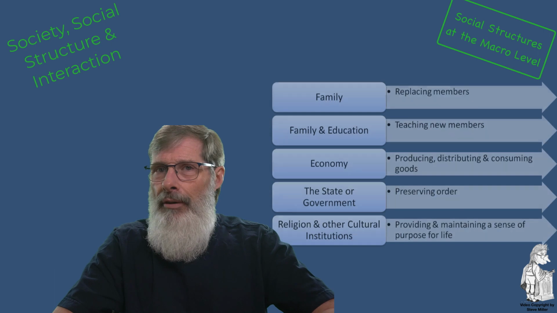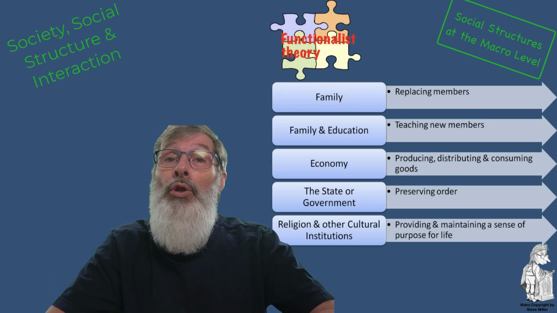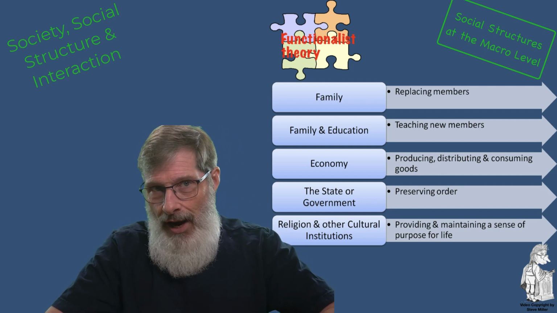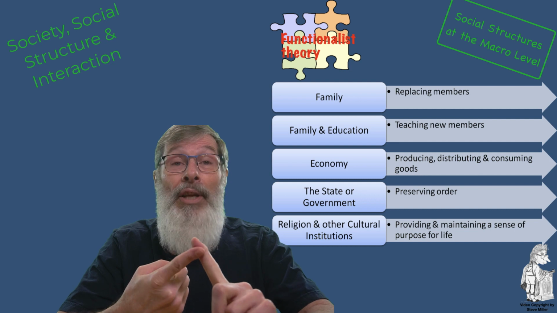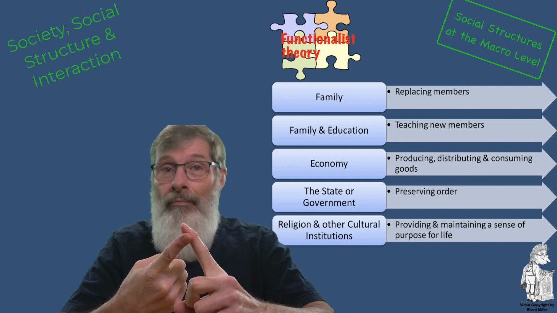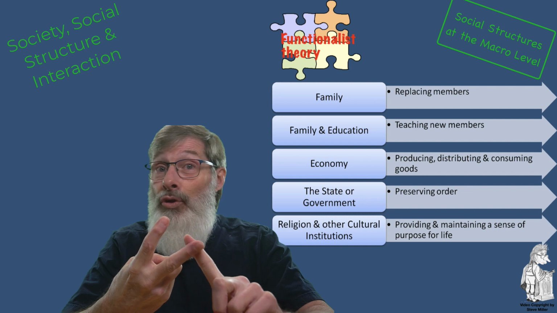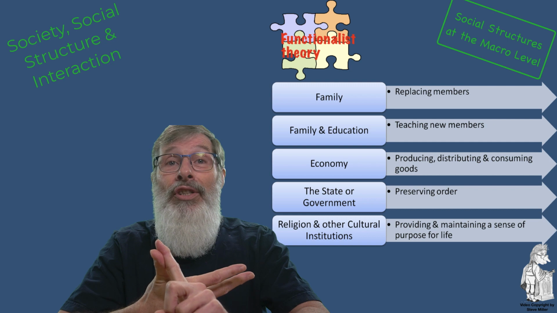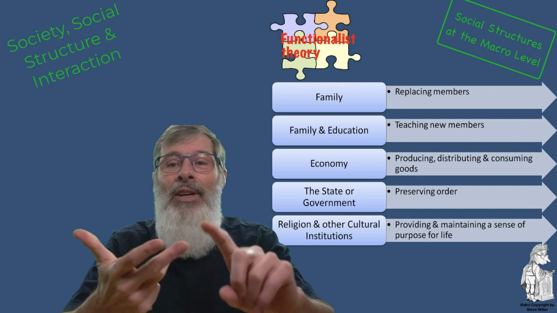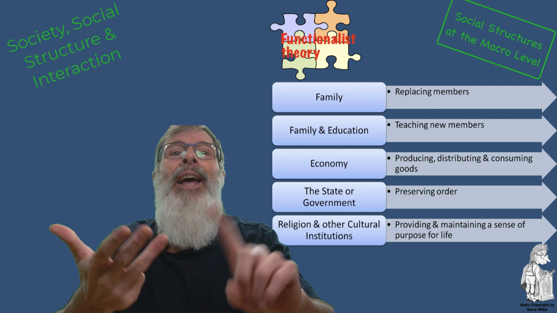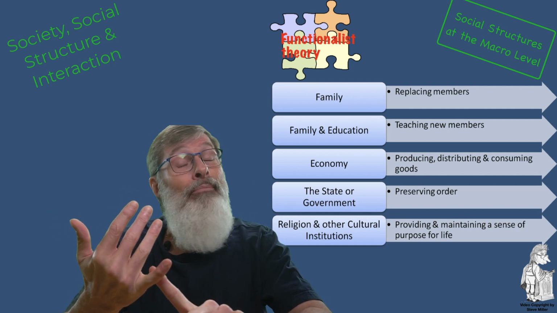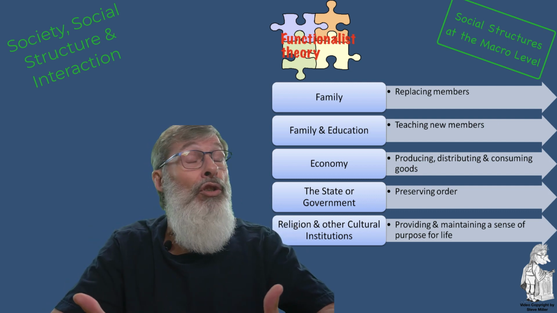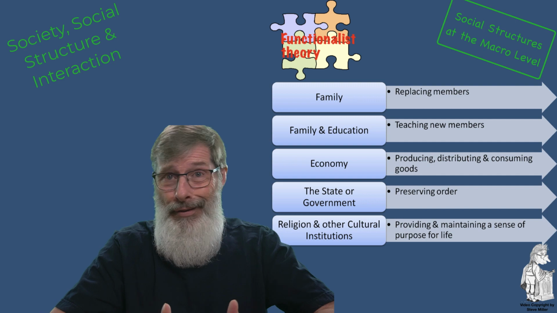Now, the functionalist theorists emphasize that social institutions exist because they perform 5 essential tasks: replacing members, so having children; teaching new members, socialization; producing, distributing, and consuming goods and services, things that we buy; preserving order; and providing and maintaining a sense of purpose. That is somewhat what the functionalists view as the glue that holds society together.